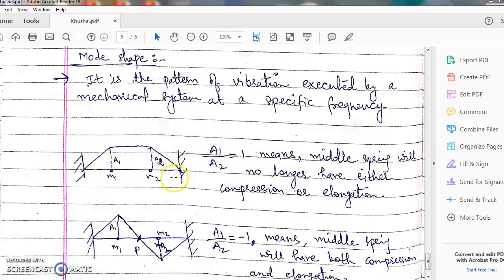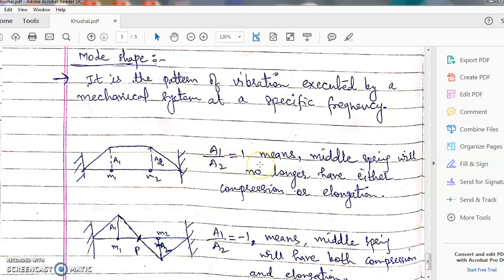So now I'm just drawing for the sake of understanding. Let's say this is mass m1 and m2. These have the same displacement because a1 by a2 is equal to 1. This is fixed, so displacement will be 0. It is also fixed, displacement will be 0. So this kind of mode shape we will find: linear increasing, constant, and then linear decreasing.